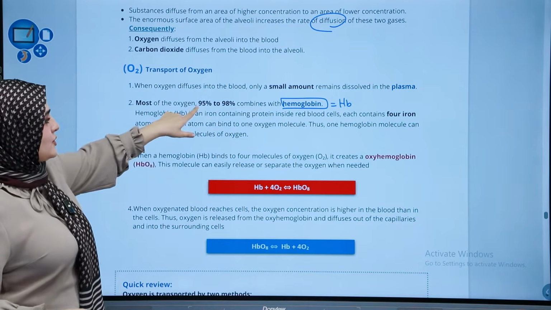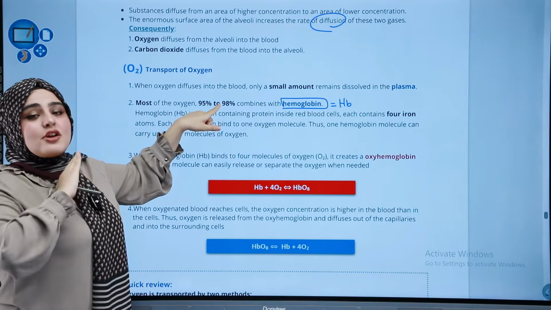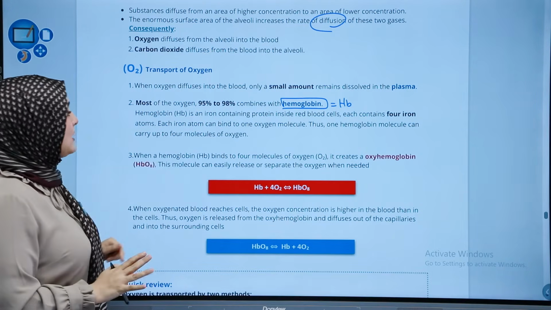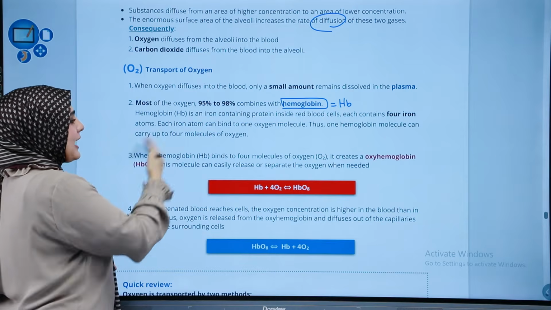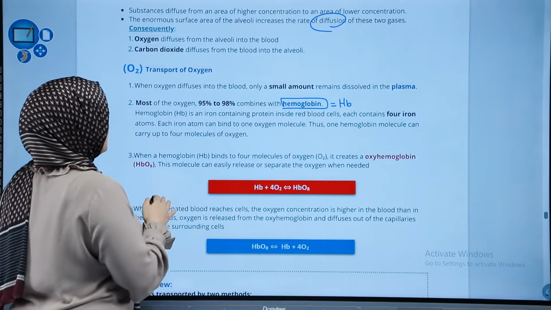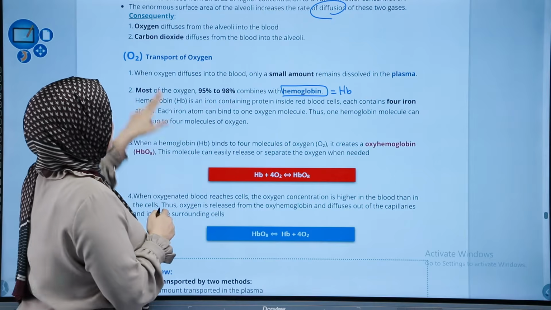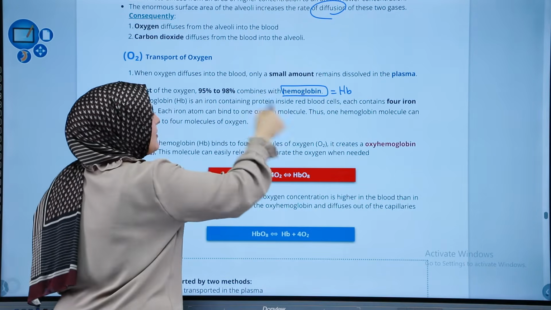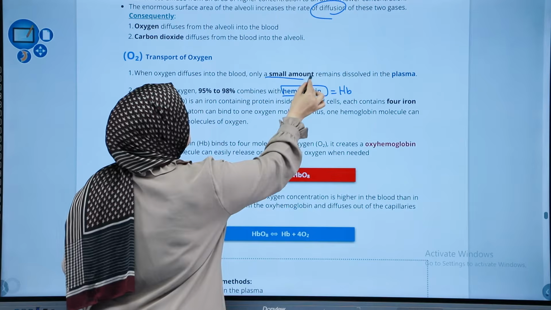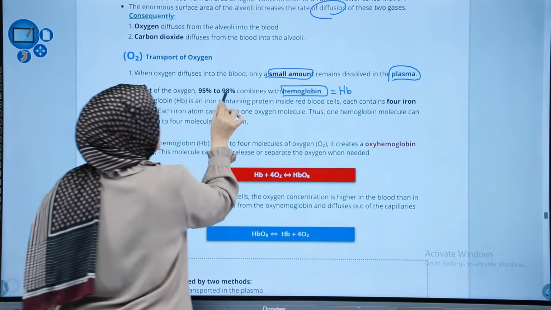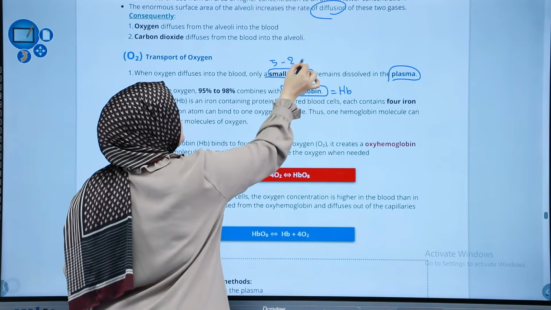Hemoglobin is going to grab about 95% to 98% of our oxygen, and it carries it to the destination. However, the smaller amount remaining is just going to dissolve in the plasma. A very small amount, about the opposite of that, 5 to 2%.